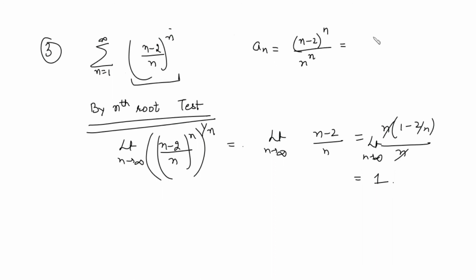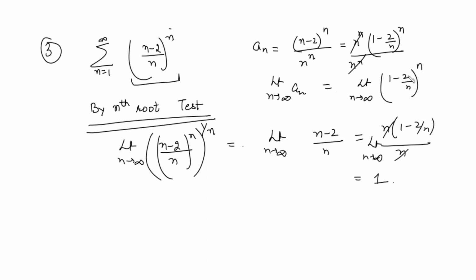Now just see, you can take n common in the numerator and in the denominator. So you will have this. When you find out the limit of its nth term, what will you have? This is 1 plus x by n to the power n, so it will go to e to the power minus 2, which is not 0.